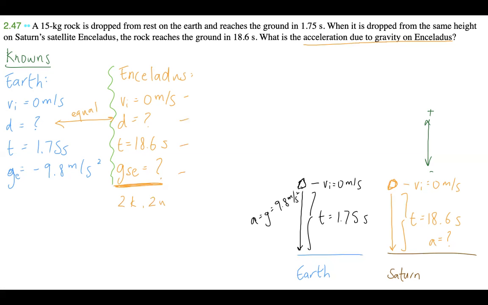So we can't use this. If we want to find this, we need this first. Sorry, that's kind of messy. Let's just make this yellow. Okay, so we need to figure out, oh, that was horrible.